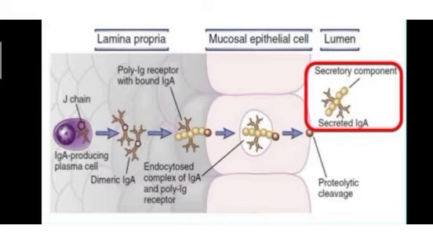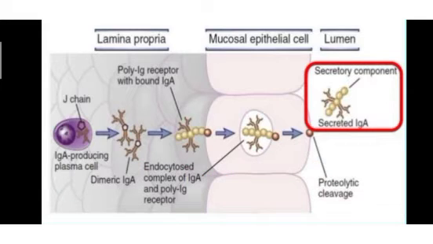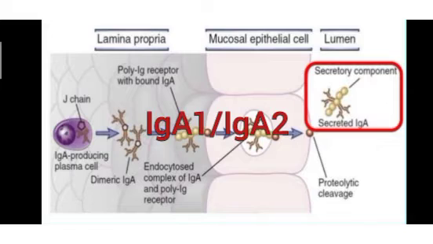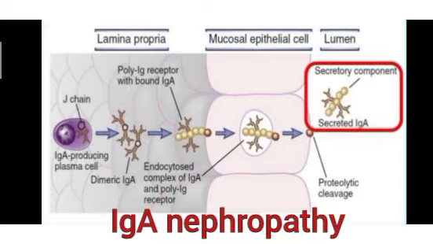And there is some immunoglobulin A deficiency in disease, such that the most prevalent antibody defect is selective immunoglobulin A deficiency. Alterations in the IgA1 to IgA2 ratio often go hand in hand with specific disease states, such as recurring infections of the airways or a kidney disorder called IgA nephropathy.